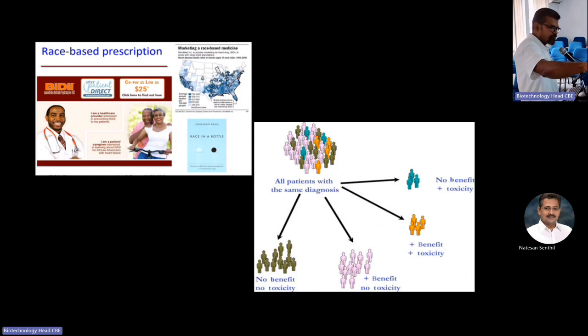That's the best group of patients, who are getting the goodness out of the treatment. The fourth group will have no benefit and no toxicity, right? So for the same disease and the same drug, these are the four different classifications. The best group are those who have benefit of the treatment and no toxicity, no side effects.